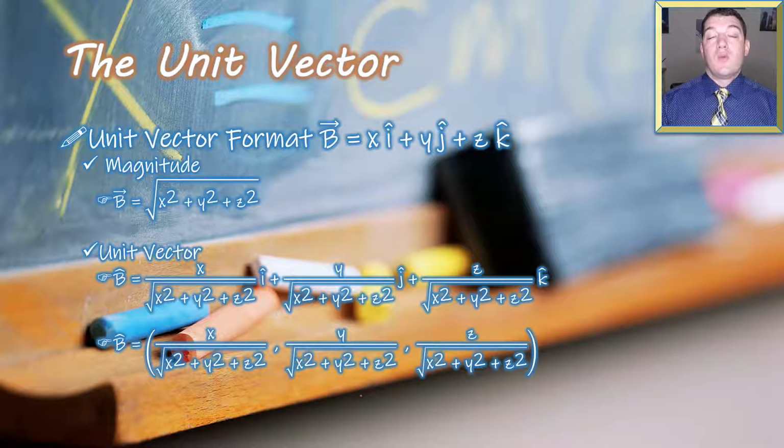X squared plus y squared plus z squared equals the resultant squared, or the square root of the sum of those squares is equal to the magnitude of the vector. In this case, we see vector b being represented in the component form in terms of its unit vector. And then we see that we can get the magnitude of that vector b by simply taking the square root of the sum of each of those components.